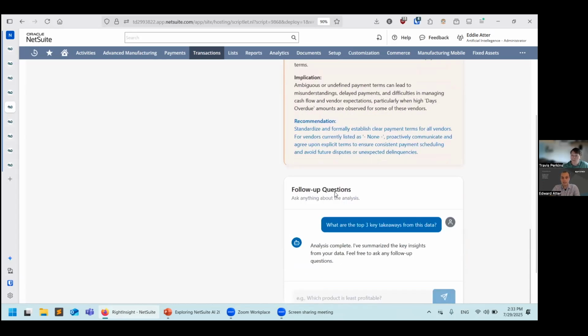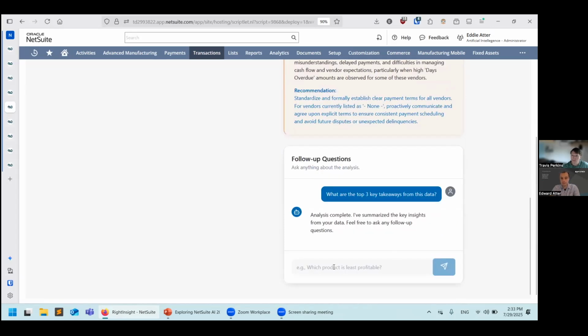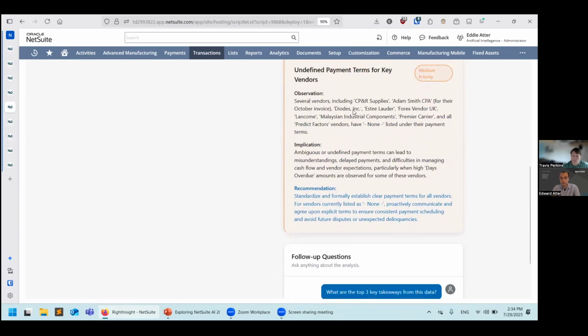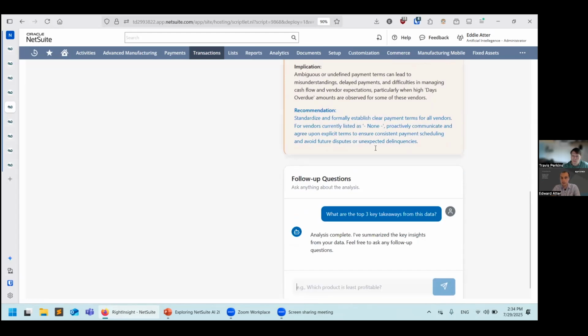Not only has it done this analysis, but now I can also ask it some follow-up questions. So it's already done the three takeaways. You saw the summary. Let's say I want to dive into those terms here. It's saying that some vendors have terms of none listed, and I want that a little bit better formatted.